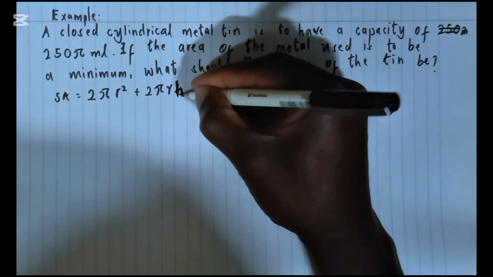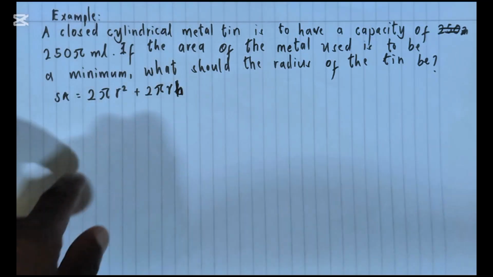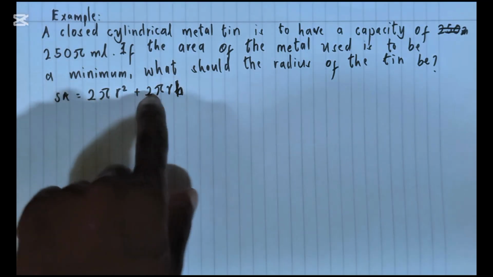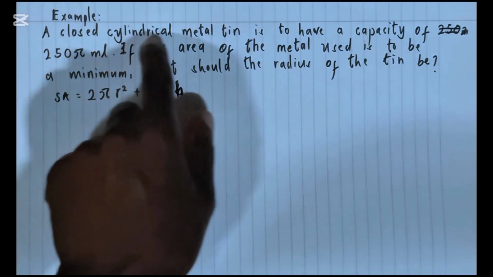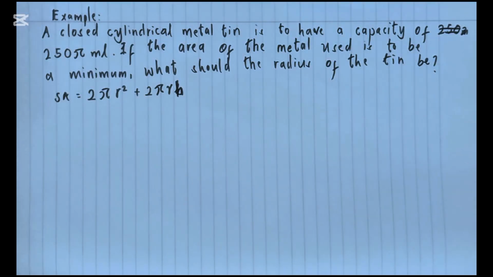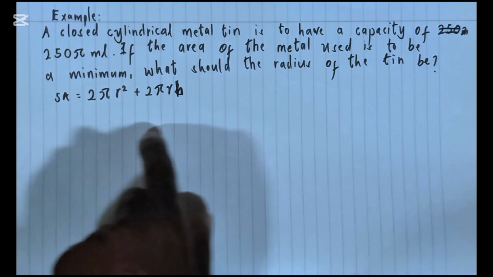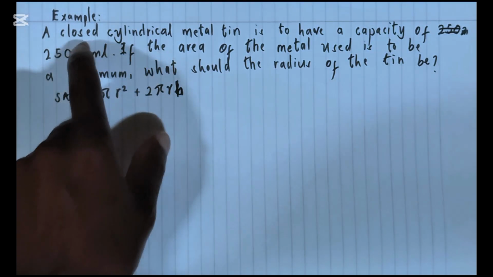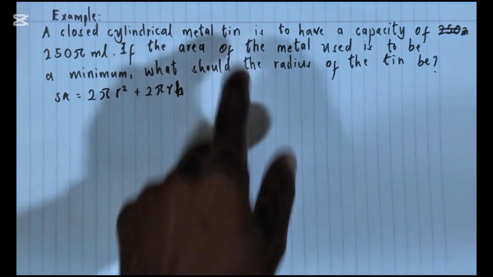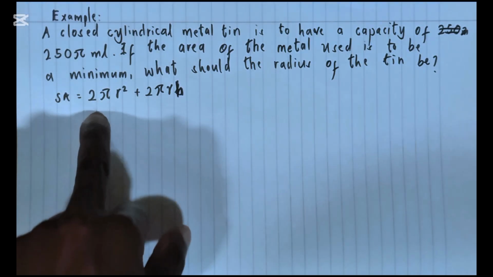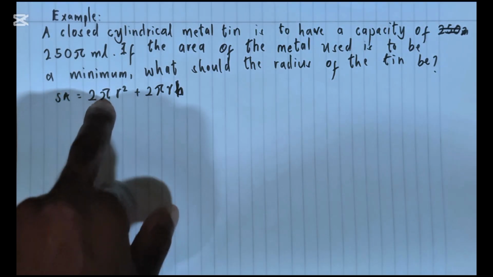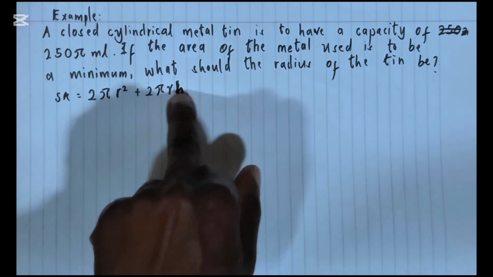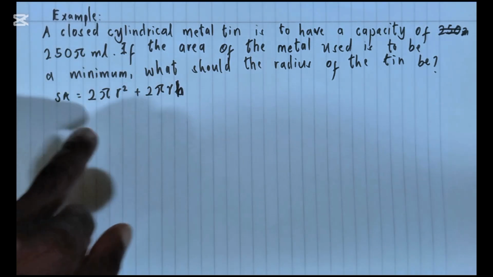So 2 pi r is the circumference of the cylindrical tin, and h is its height. This is the formula we use to find the total surface area of a closed cylindrical metal tin: 2 pi r squared plus 2 pi r h.